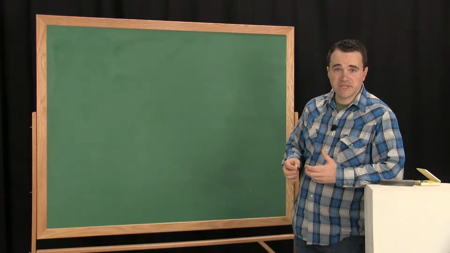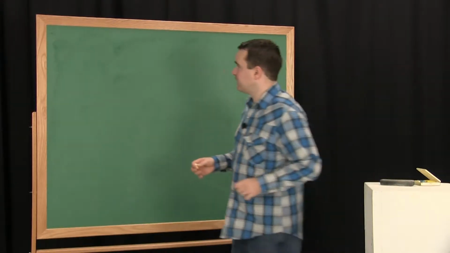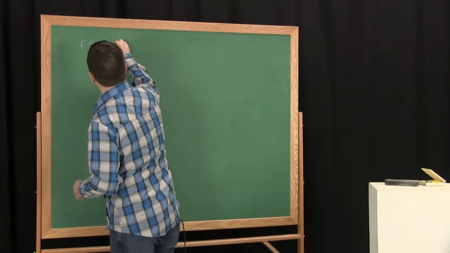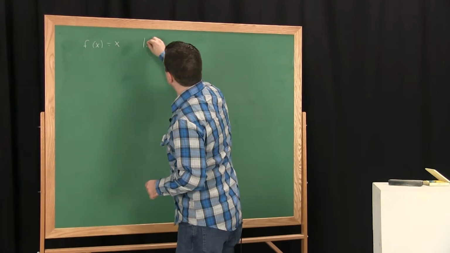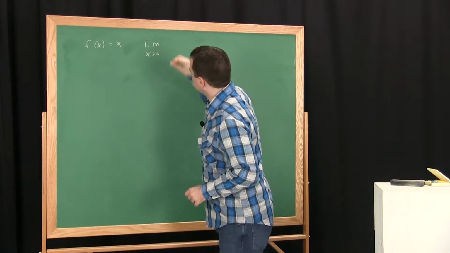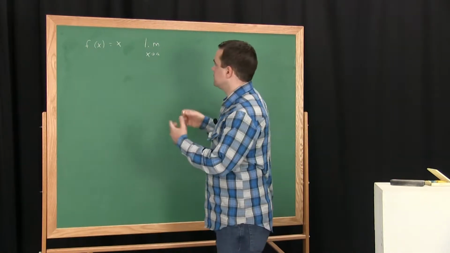For certain very basic functions, we know exactly what's going to happen. So like if I took f of x equals x, then you know that the limit as x goes to a could be any number: 3, 4, 5, pi, -1, 10 trillion.